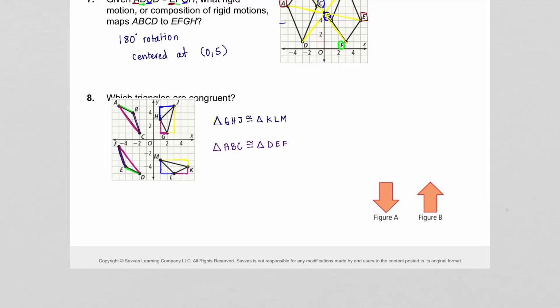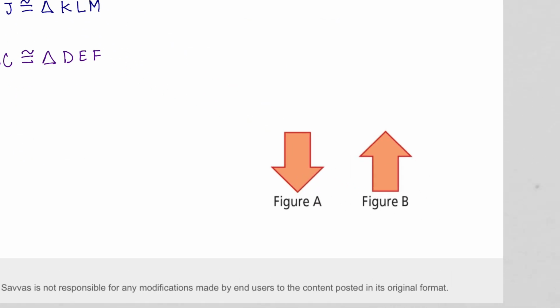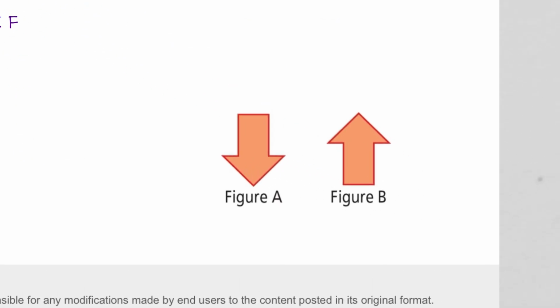I have the last question cut up here, but we're supposed to determine if figure A and figure B are congruent, and if they are, there has to be a series of rigid motions that would take one onto the other. I would encourage you to use patty paper on this section. But it seems that they are congruent.